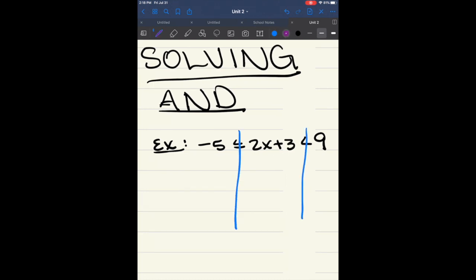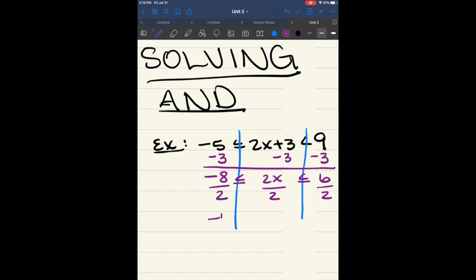So our first step here is going to be to subtract 3, and we're going to do that to all three sides. So we're doing things in SADMAP order, just like we have been this whole year. So now we have -8 is less than or equal to 2x, which is less than 6. Last step is divide all three sides by 2. We have -4 is less than or equal to x, which is less than 3.